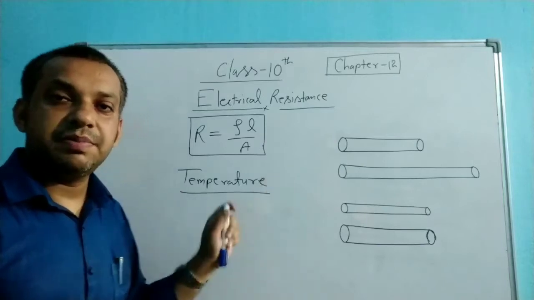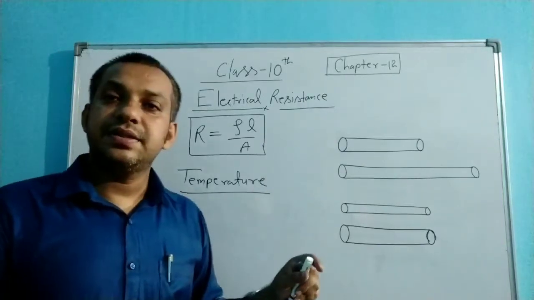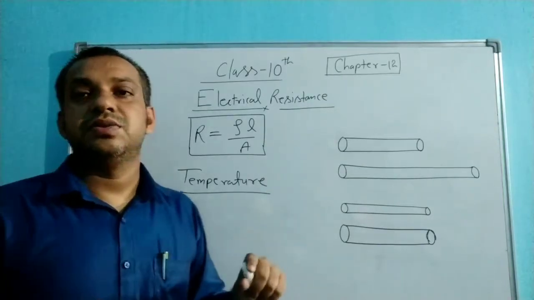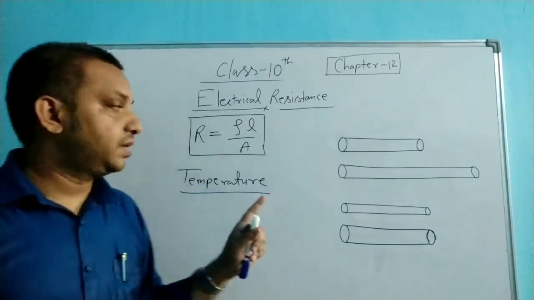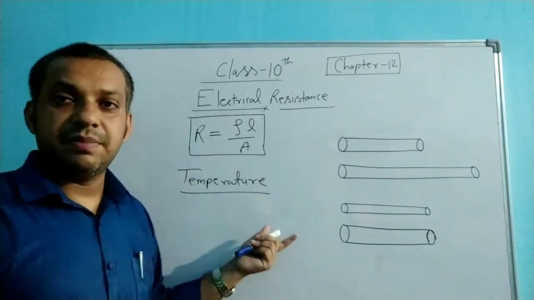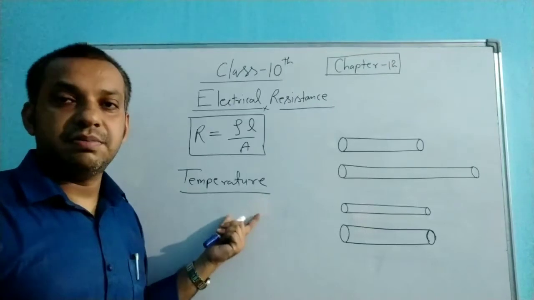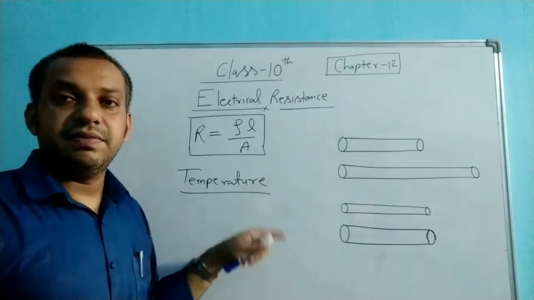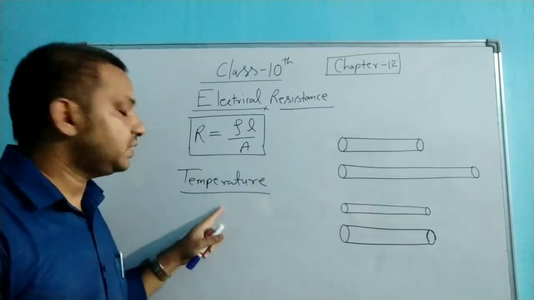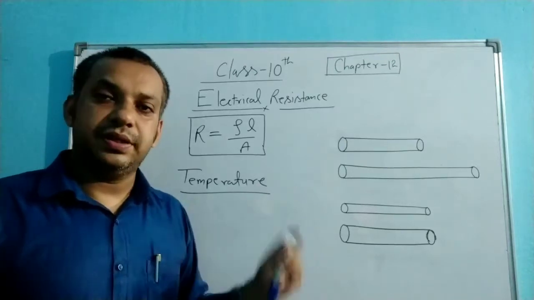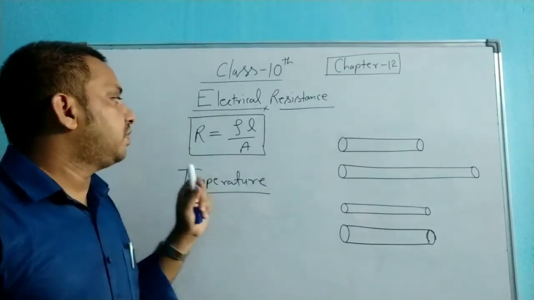If you decrease the temperature of the conductor, its resistance decreases. So there is a direct relation between the temperature and the resistance of the conductor.